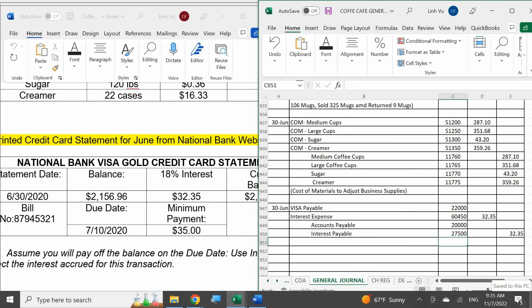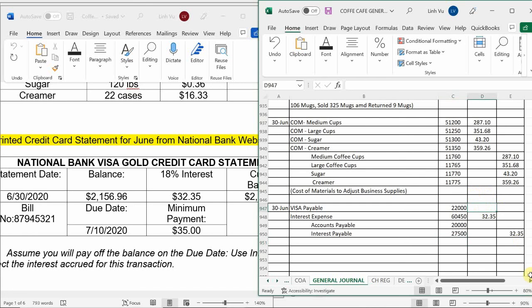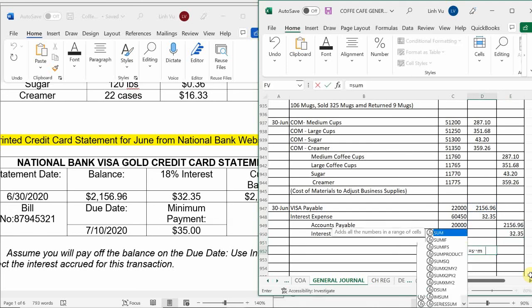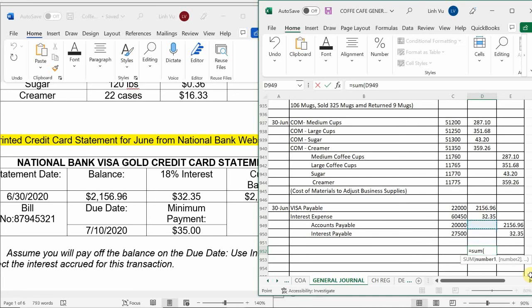So let's go ahead and, okay, how much are you going to pay towards your credit card? How much do you owe on your credit card? 2,156.96. Good. 2156.96, right? And that is exactly what you're going to pay. Now again, you should get the total here to be your credit card payment plus your interest, right?